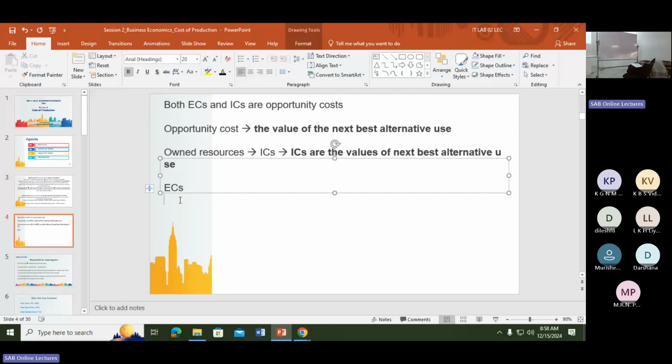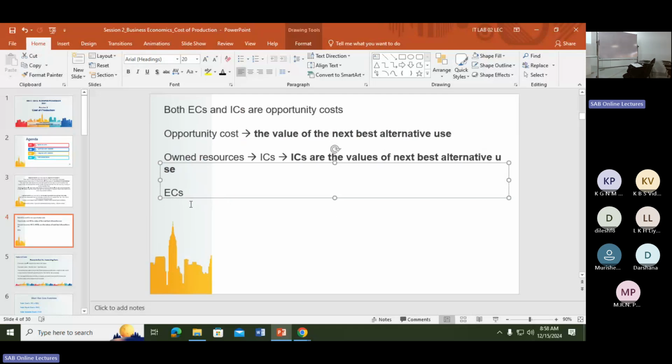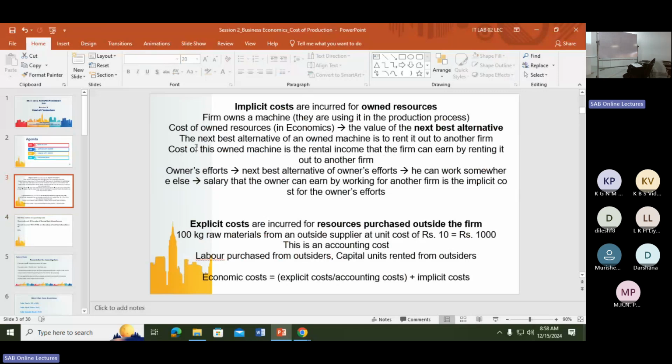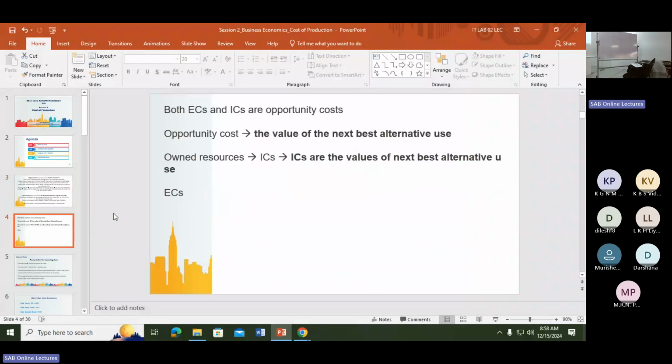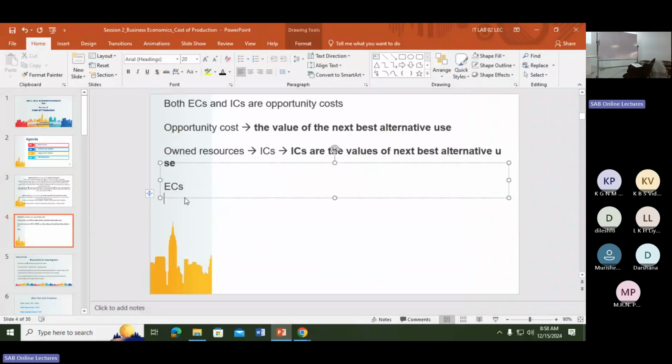Let's talk about one example for an explicit cost, as in the previous case. If we purchase 100 kilograms of raw material at a unit cost of 10 rupees, what is the explicit cost for raw materials?